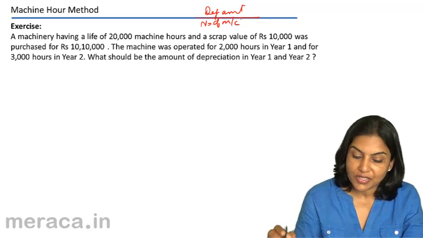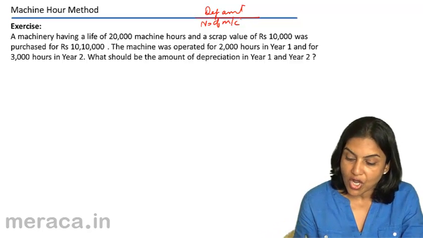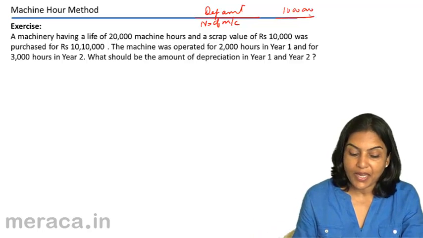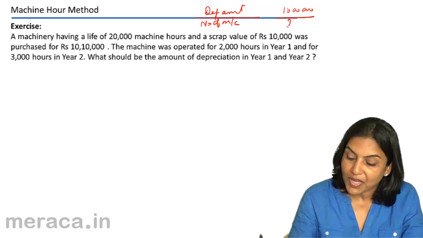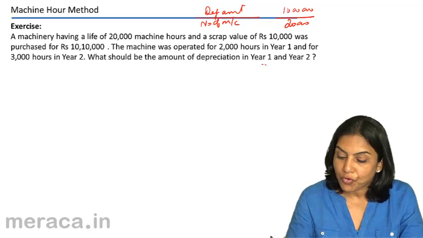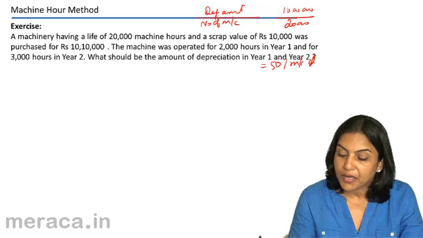Depreciable amount in this case is 10,10,000 cost minus scrap value of 10,000, giving us 10 lakh, divided by the number of machine hours we expect it to work, which is 20,000. Therefore, the machine hour rate is rupees 50 per machine hour.